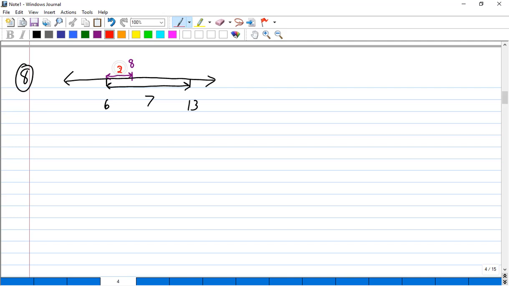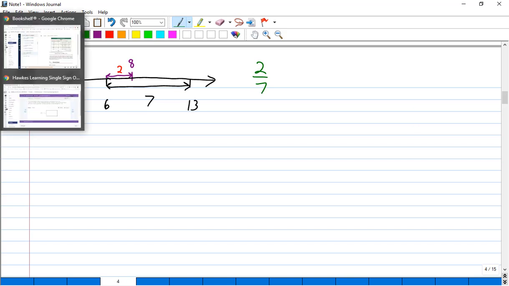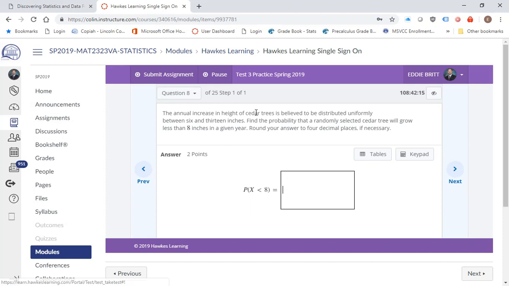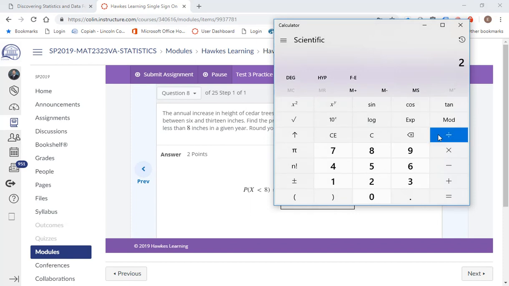So if you just do 2 over 7, that's your probability. 2 over 7. Part over total. Since it's uniform, you can do it that way. It says round to 4 decimal places, so I'm going to say 2 divided by 7. So 0.2857.